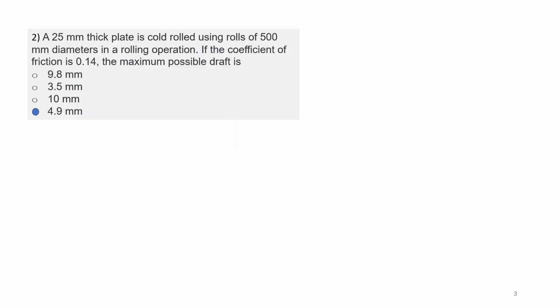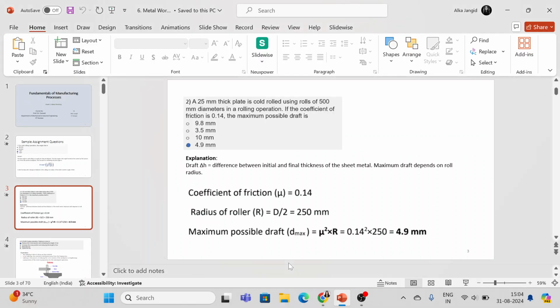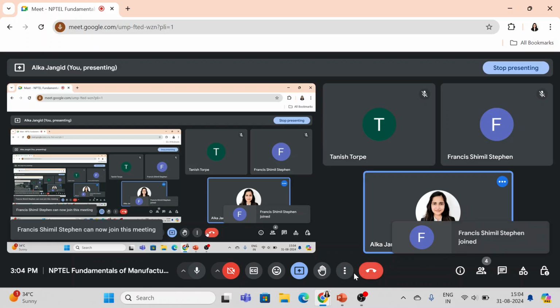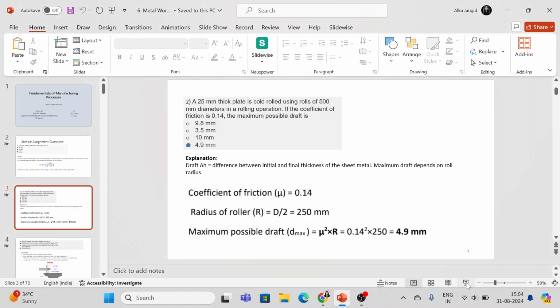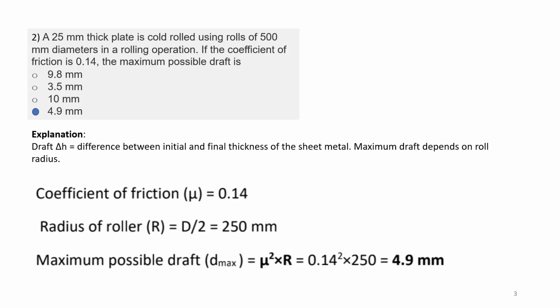For the maximum draft possible in rolling, it is given by the formula mu squared multiplied by R. Here the maximum draft is calculated using this formula, mu squared R. In this case the coefficient of friction is already given.